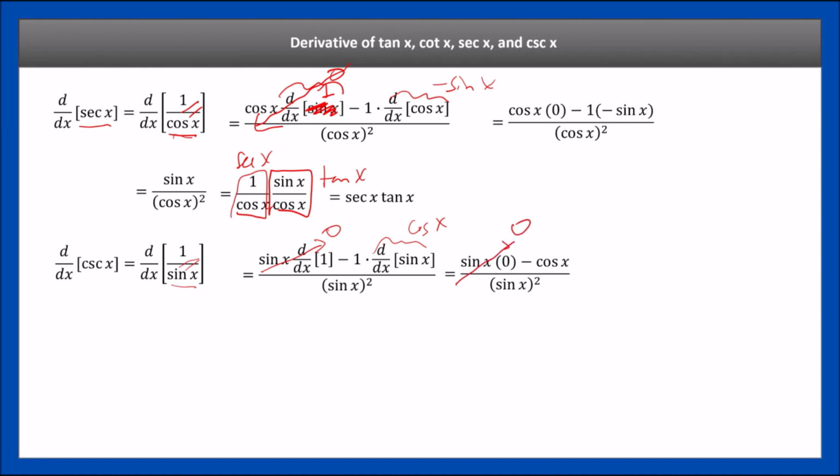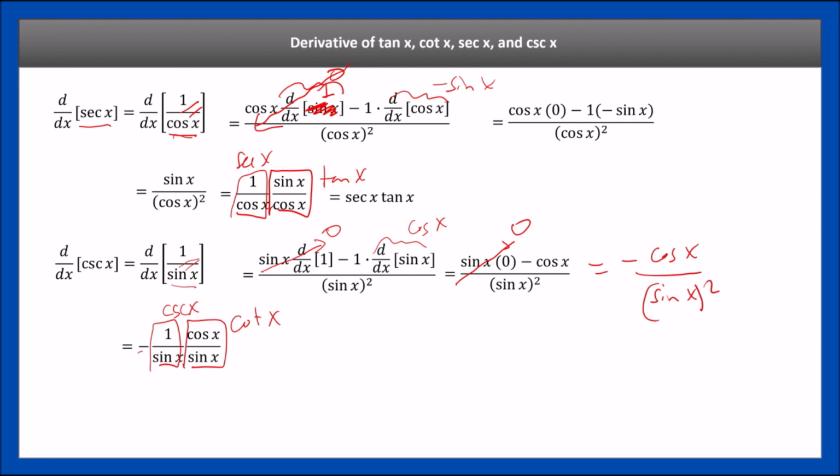We got negative cosine over sine squared x. Then we can split that up into this, which is cotangent, and this is cosecant. And don't forget that negative. So it becomes negative cosecant cotangent. All right, so that's your derivative of cosecant.